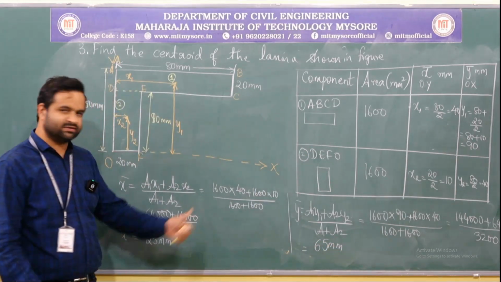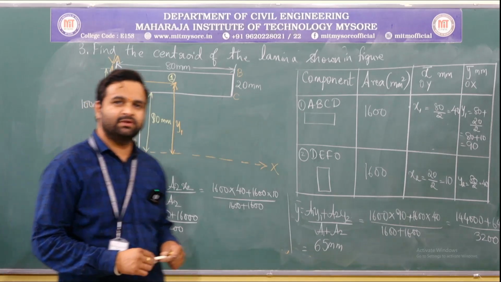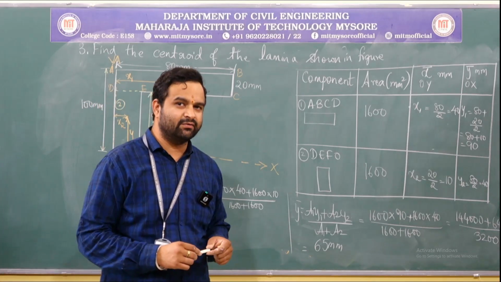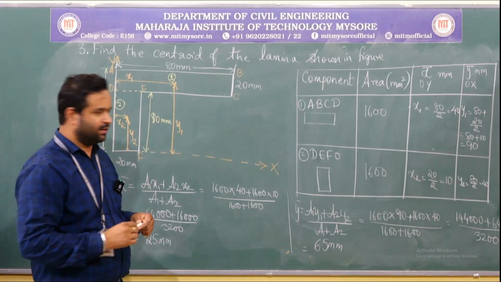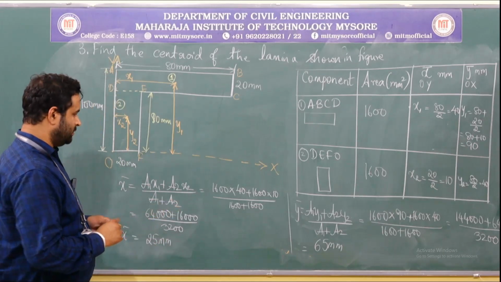This is 25 and 65. What about the values in the previous case, that is problem number 1? It was 25, 35. Now let us plot it.